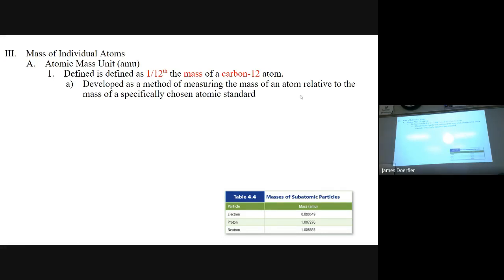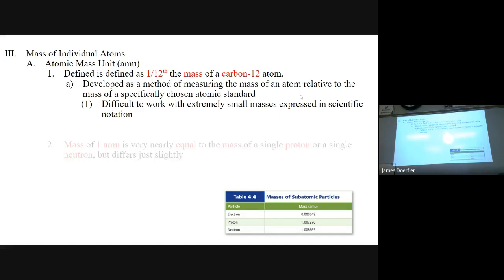Carbon-12 being very prevalent, very common, they decided to use that, pick a specific mathematical value, and go with it. Like I said, it's really hard to work with things that are that small. So the mass of one atomic mass unit is very nearly equal to that of a proton, and therefore a neutron, even though there's a small difference. A very small difference.